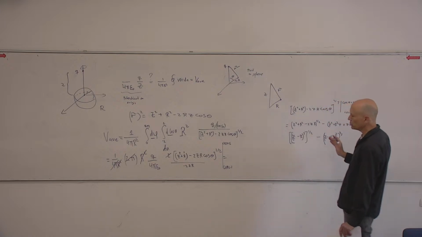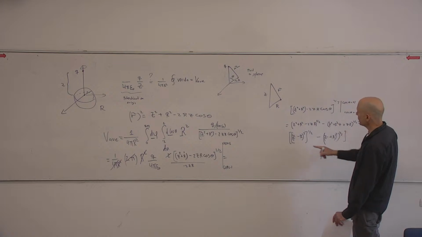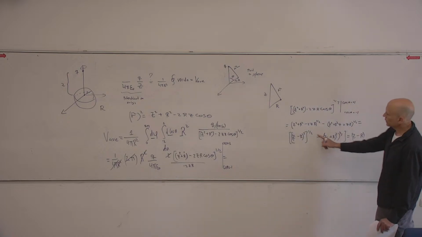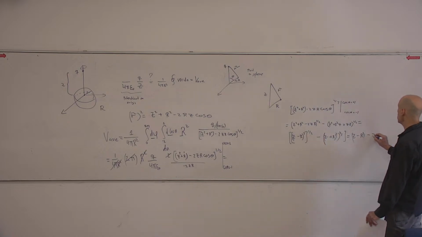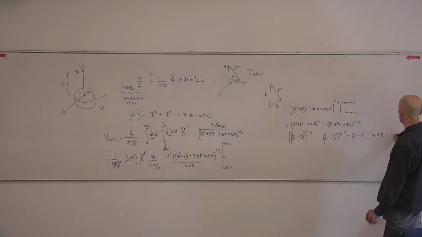And you see that the 2 is damn important here. Again, this comes from the Coulomb eventually. And this one is z minus r, right? Because I'm taking the square root, and this is minus (z plus r). So this is equal to minus 2r.